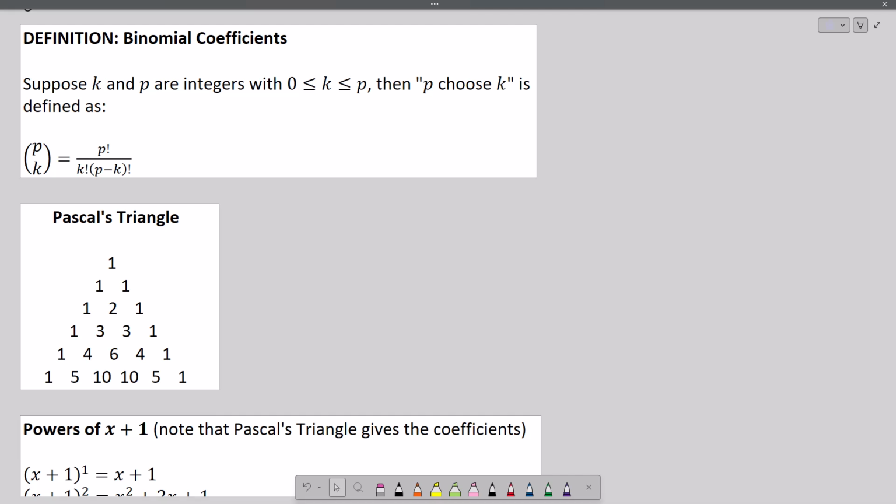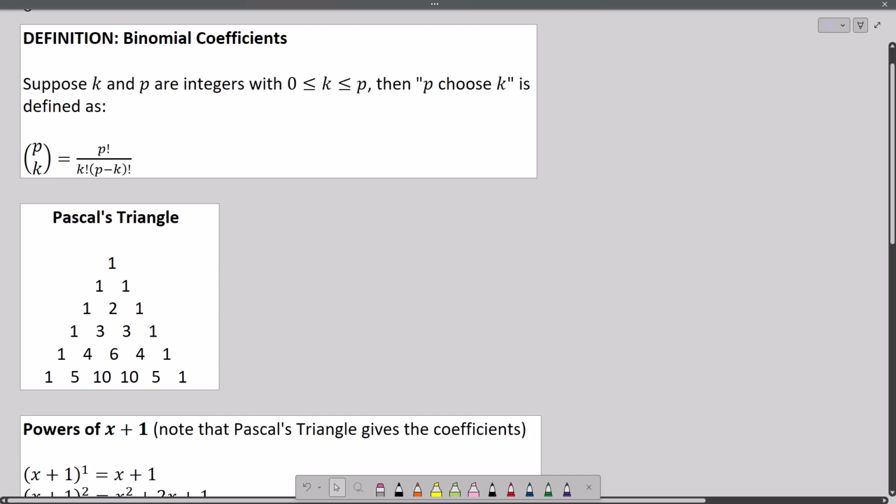We haven't seen anything like 3/2 factorial or pi factorial or anything weird like that. So when we think about factorial at this moment, we're thinking, integer multiplied by the next integer down, etc. All right, so that is the definition of P choose K.